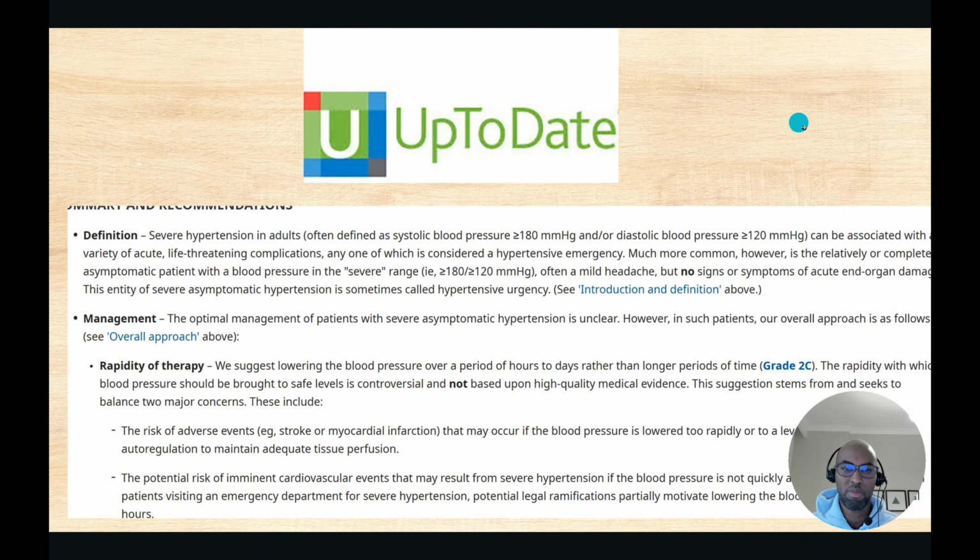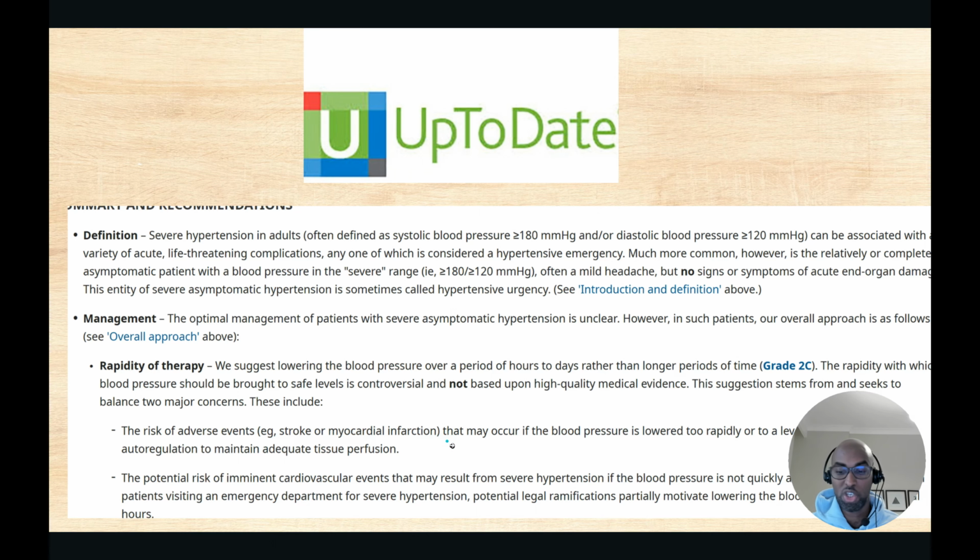And this is a slide from UpToDate, and UpToDate defines severe hypertension as 180 systolic and 120 diastolic. We mentioned that, and they said if you want to control the blood pressure, we usually suggest lowering it over a period of hours rather than a longer period of time. Rapidly controlling the blood pressure can cause some adverse events like stroke and myocardial infarction.